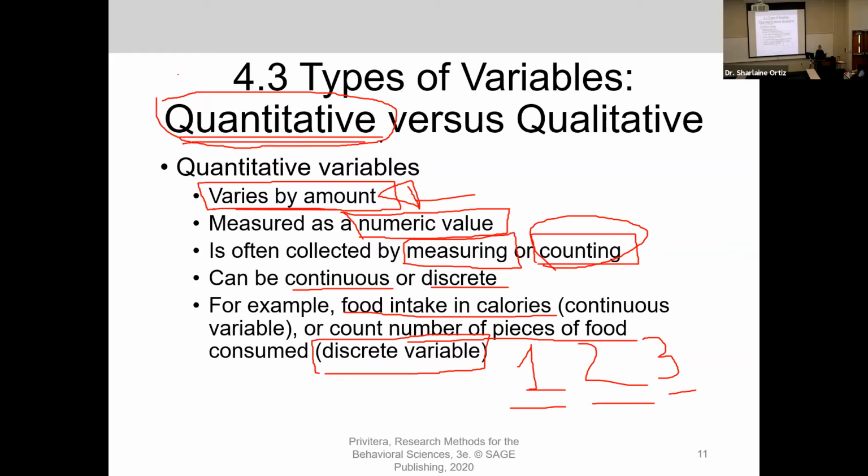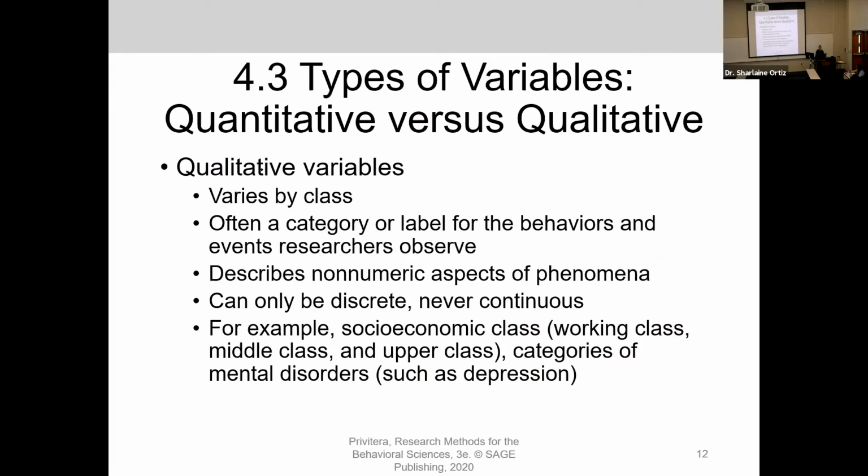So if quantitative sounds like quantity, like numbers, we can talk about qualitative. Qualitative sounds like what? Like quality, like a characteristic. So we're talking about different classes. Generally, in this specific case, when we are referring to a qualitative variable, we are referring to a category, generally of something that we are observing.